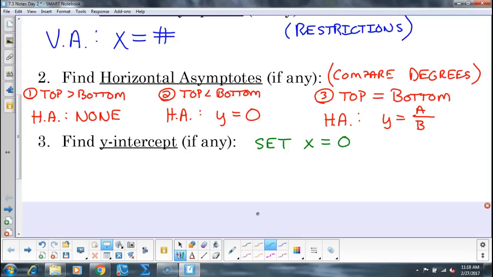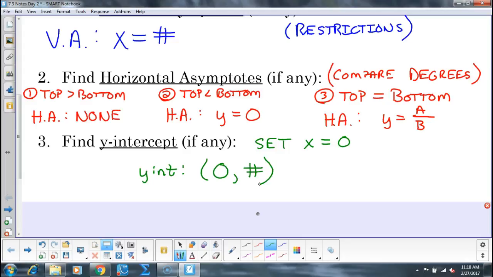All right? Then my answer, if I was asking the question, what is the y-intercept, what would my answer look like? Nope. It'd be a point, and what would that point look like? 0, some number. Yep. So the y-intercept is always going to look like 0, some number.